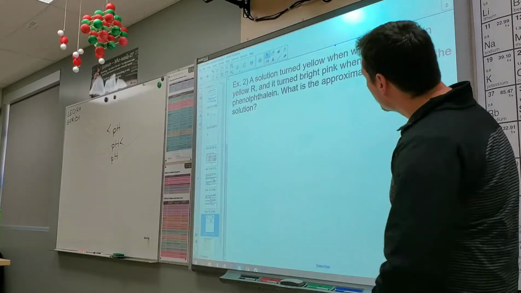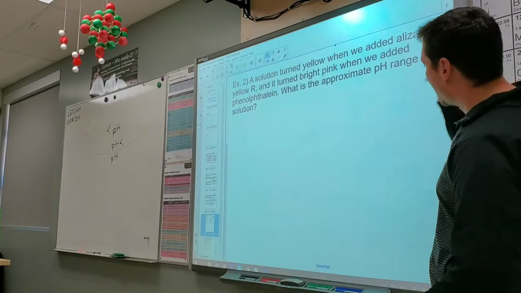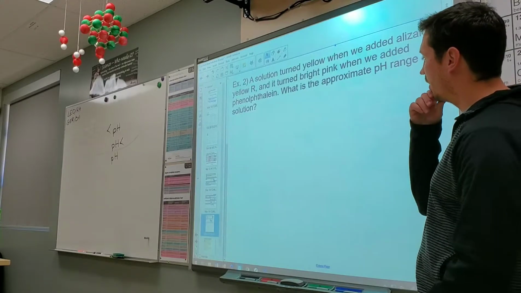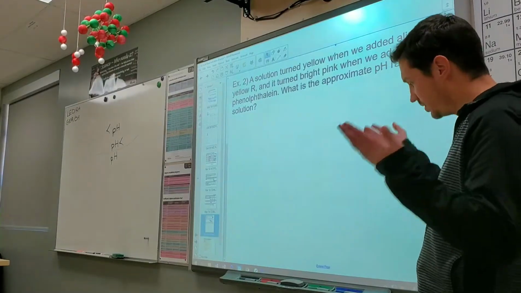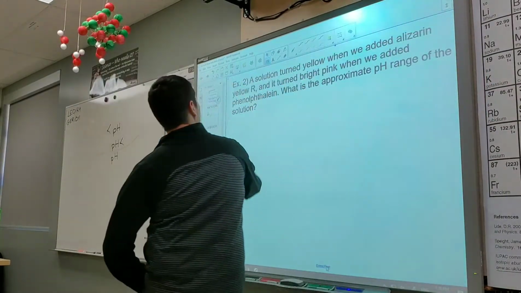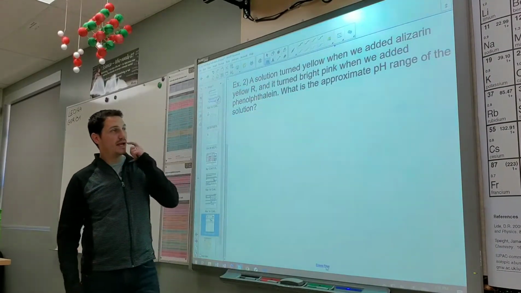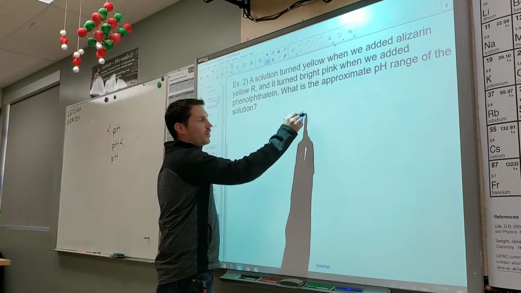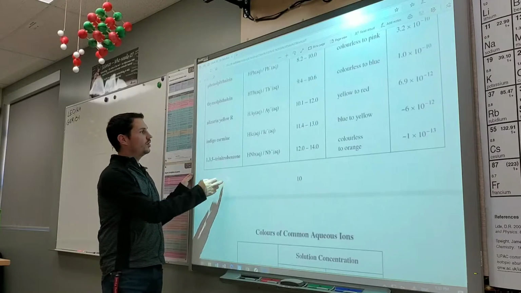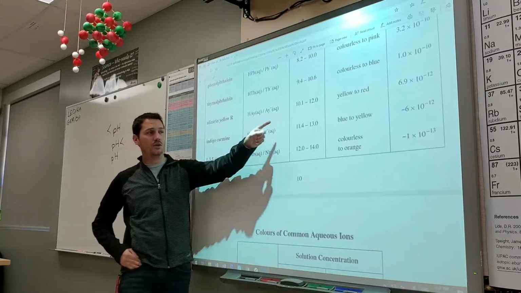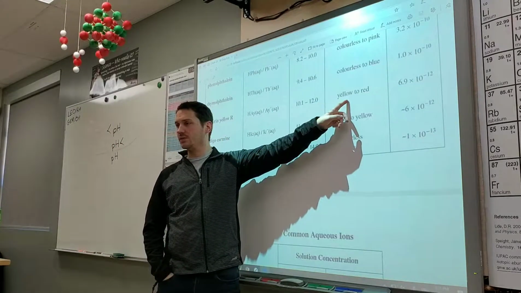A solution turned yellow when we added alizarin yellow R, and it turned bright pink when we added phenolphthalein, so we could do the pH range of this. So a solution turned yellow when we added alizarin yellow R. What does that mean?